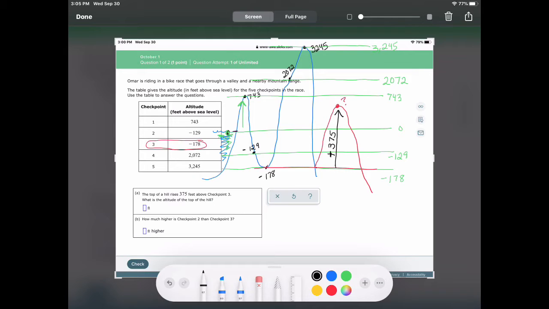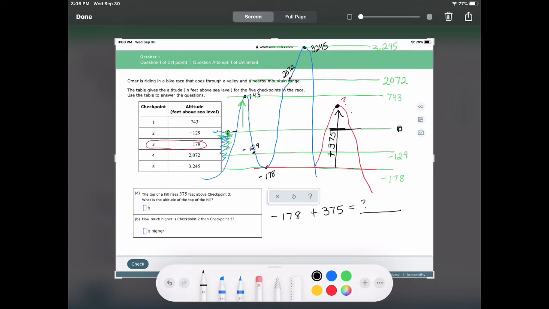So notice that we're going to use up some of our 375 feet getting to 0, right? And then we're going to have some left over that's going to get us to this mark. So let's add negative 178 and 375, and that will give us the number where the checkpoint is, right?